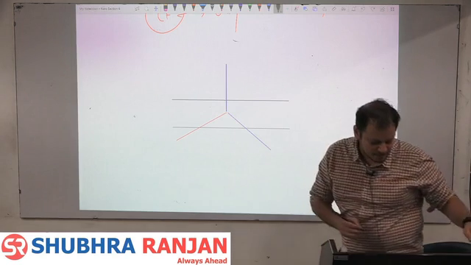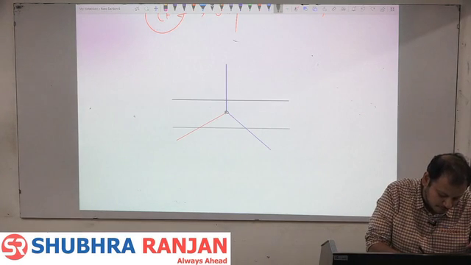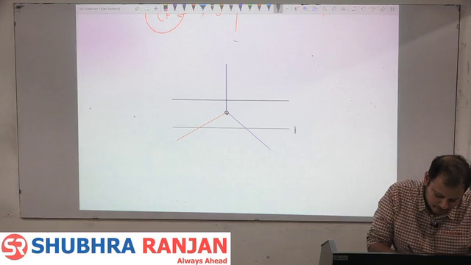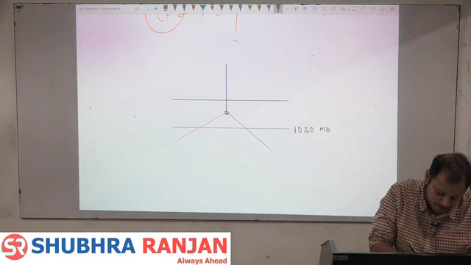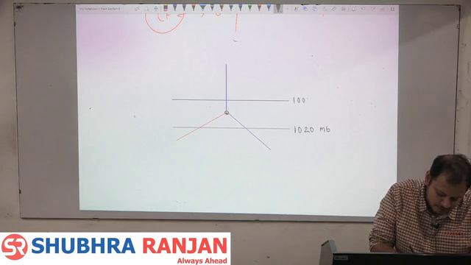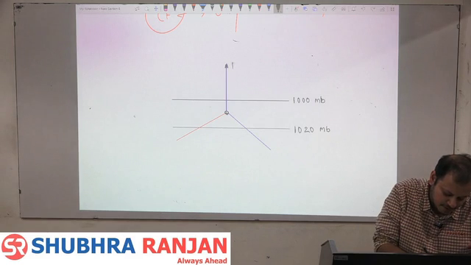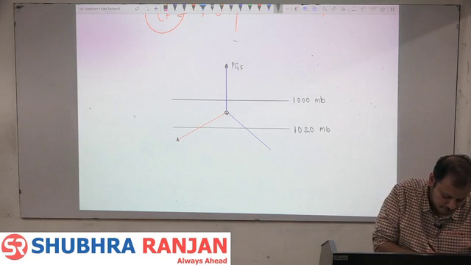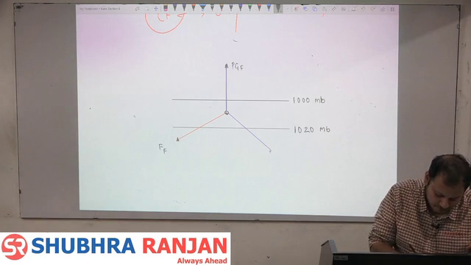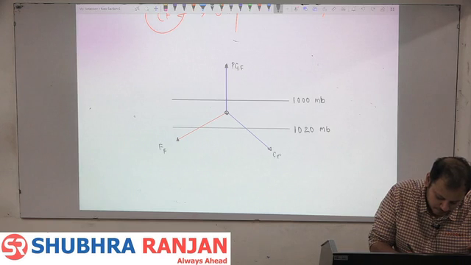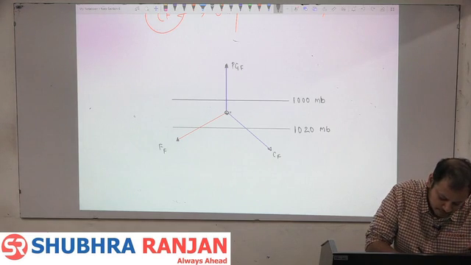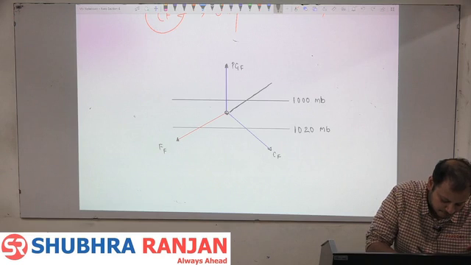So what happens is, if this is the point of contact, if this is high pressure 1020 millibars, and if this is low pressure 1000 millibars, this is the direction of pressure gradient force. This is the direction of frictional force. This is the direction of Coriolis force, and therefore the surface wind direction will be in this direction.